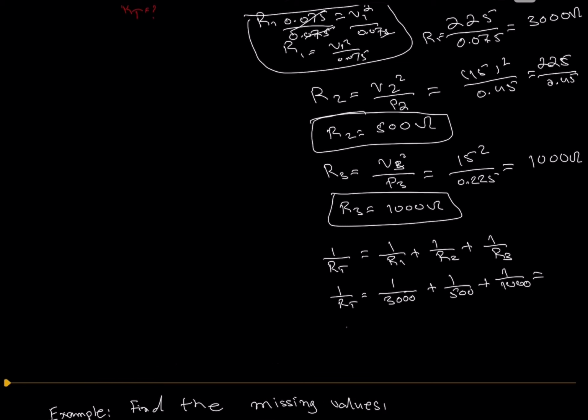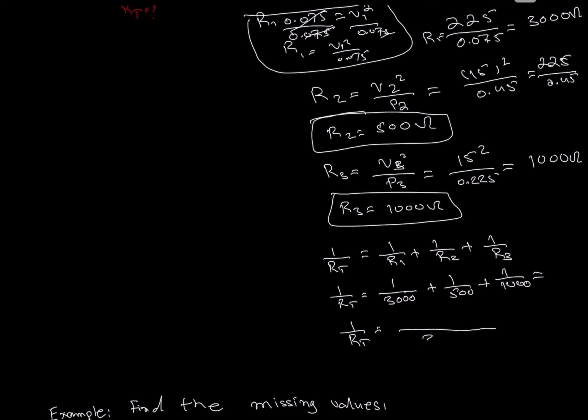1 over RT, the LCD will become 3000, because 3000 can be divided by all these numbers. 3000 divided by 3000 will be 1, 1 times 1 is 1, plus 3000 divided by 500 will be 6, 6 times 1 will be 6, plus 3000 divided by 1000 will be 3, 3 times 1 will be 3.